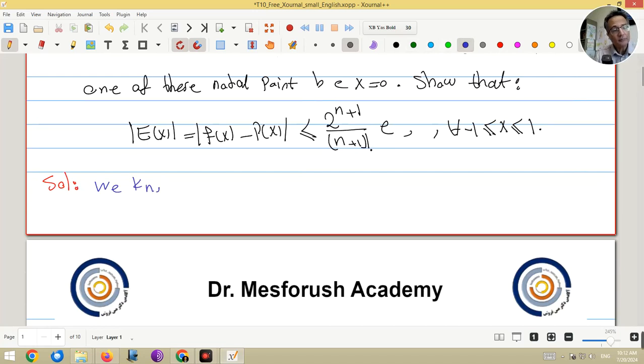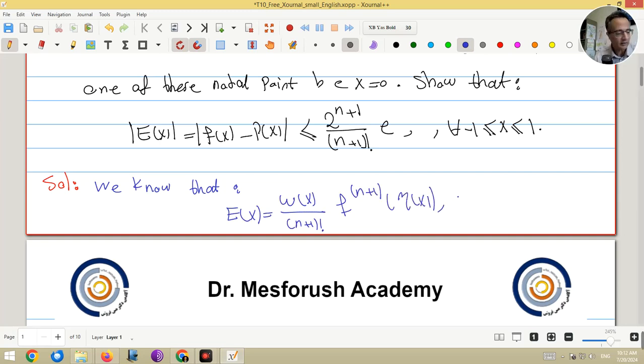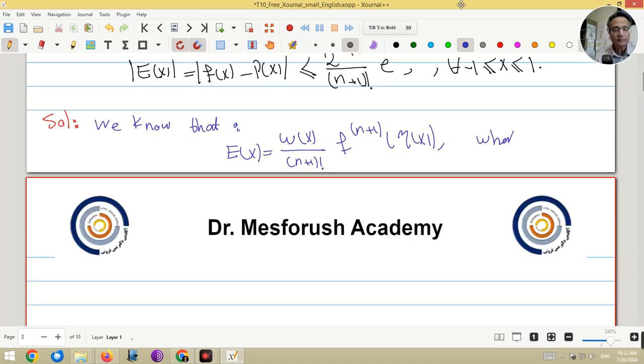We know that by the error formula for the Lagrange interpolating formula, the error e(x) is equal to w(x) over (n+1)! times the (n+1)th derivative of f at eta(x), where we know that w(x) is the product for i from 0 to n of (x - xi), and there exists an eta(x) belonging to the interval [-1, 1].